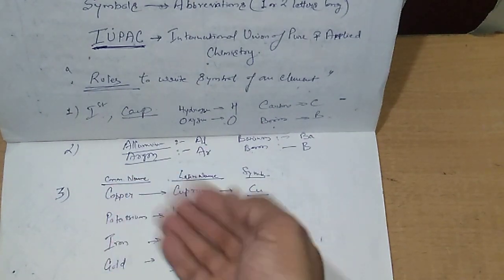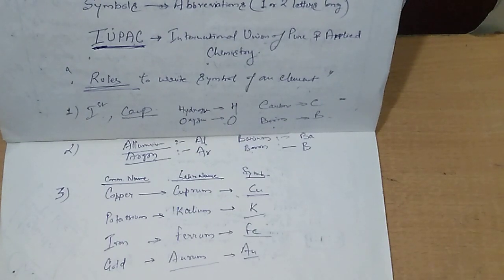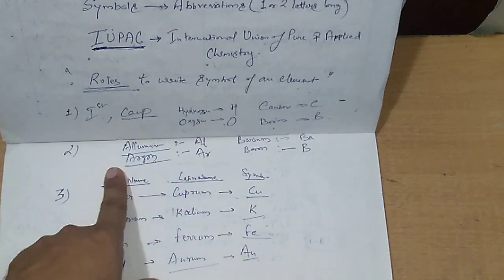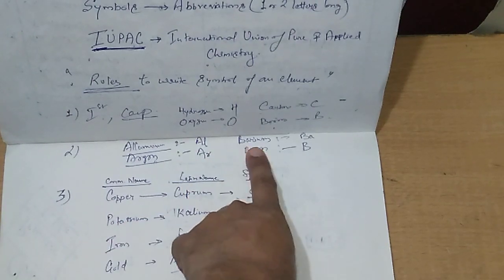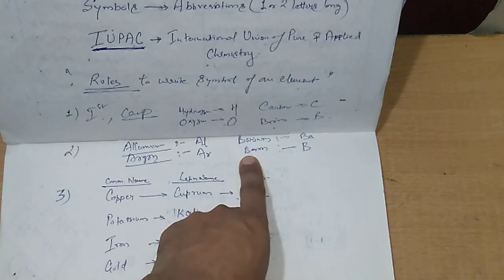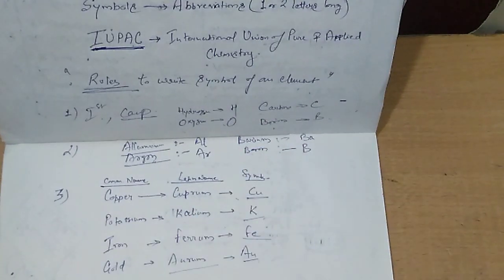Aluminium and argon both start with A, and we cannot give both elements the same symbol, capital A. So we include the second letter also in the symbol: Al represents aluminium, and argon is represented by Ar. Barium and boron both start with B, so we cannot give them only B. So boron is B and barium is Ba. Clear? So this is the second law.